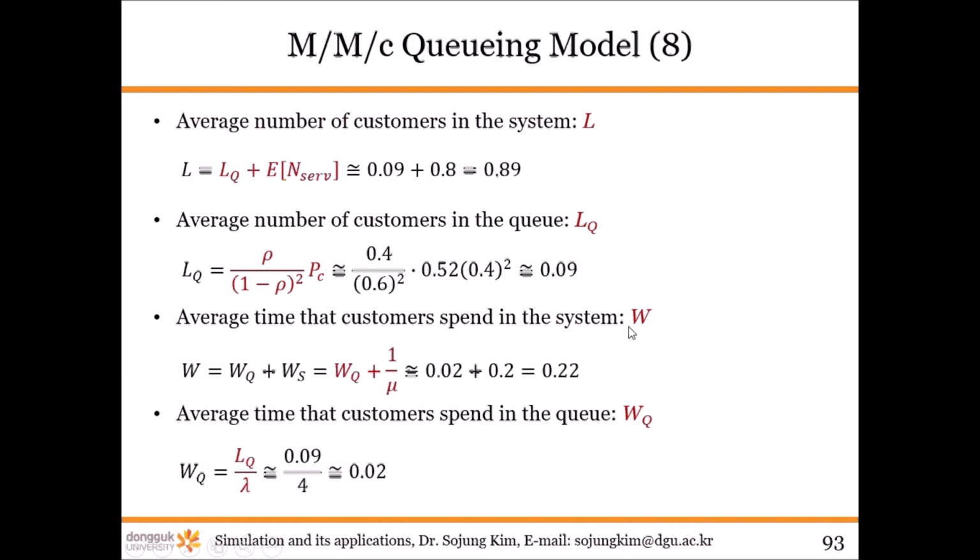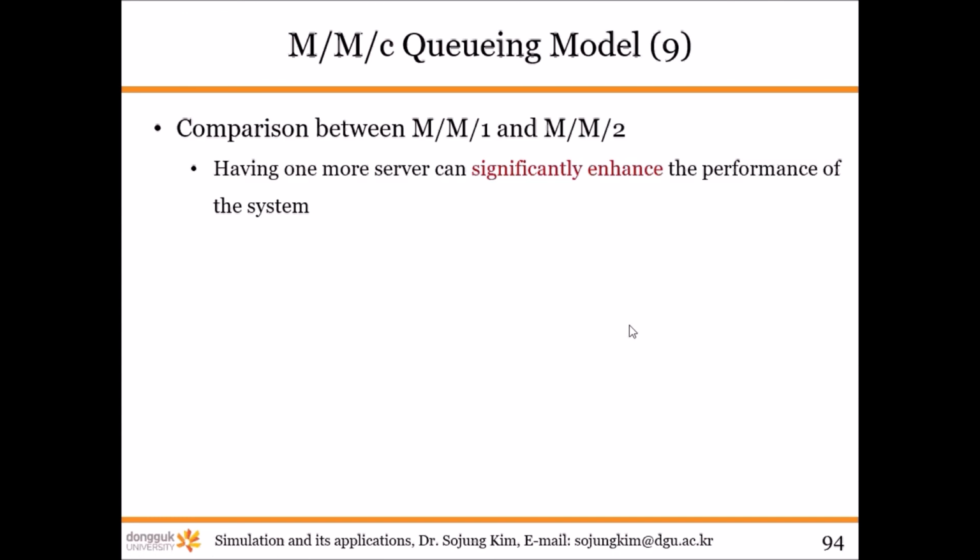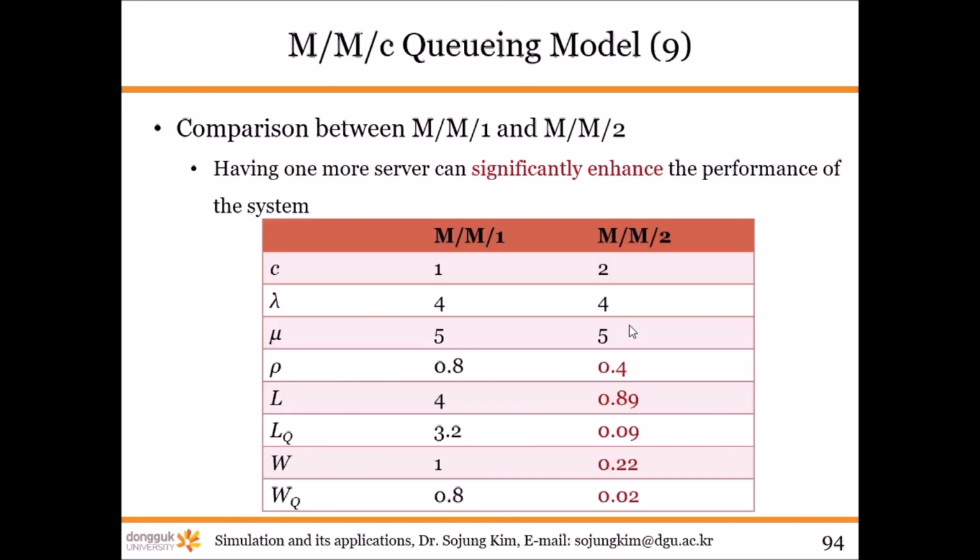Good, got it? Let's compare this case with the M/M/1 queuing model. Because now you have more servers, traffic intensity becomes lower than the previous M/M/1 case, and the L value, LQ value, and also WQ should be smaller than the previous case, because now you have two servers.